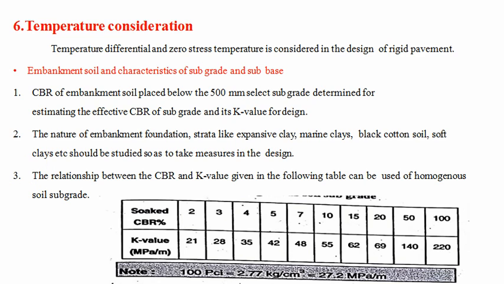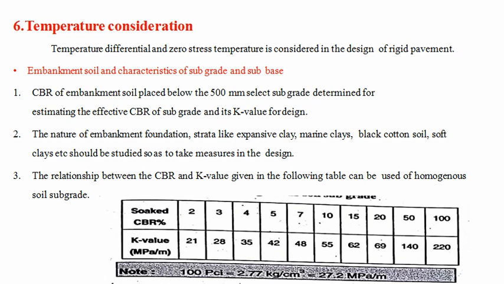The CBR value, that is the California bearing ratio, of the embankment soil placed below 500 mm is selected for the subgrade, determined for estimating the effective CBR of the subgrade and the modulus of subgrade reaction K value for the design. Then the nature of the embankment foundation strata, like expansive clay, marine clays, black cotton soils, soft clay, etc., should be studied so as to take measures in the design.